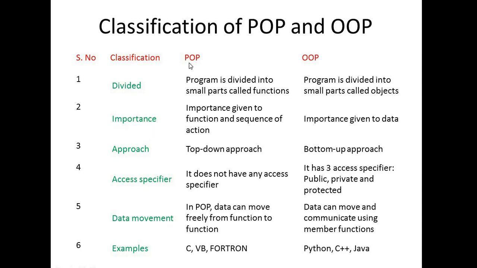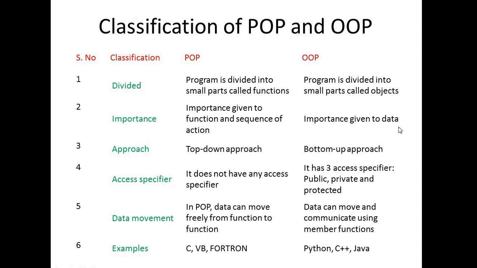Then the second one is importance. In procedure-oriented programming, for which component do we give more importance? Importance is given to the functions and sequence of actions. More preference is given to the functions and the sequence of operations. In object-oriented programming, the importance is given to the data.